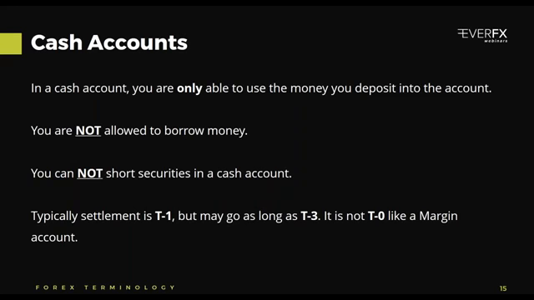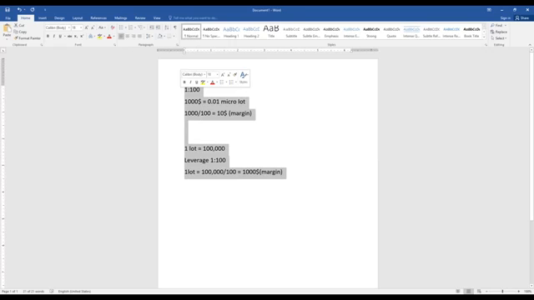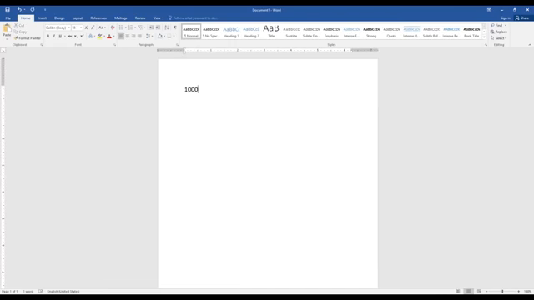Why? Because it's $1,000. Now, the difference with a margin account is that with leverage, you can actually get much more than 1 ounce. How does it work? If 1 ounce of gold is about $1,000, let's say we've got the gold price at about $1,000 per ounce.